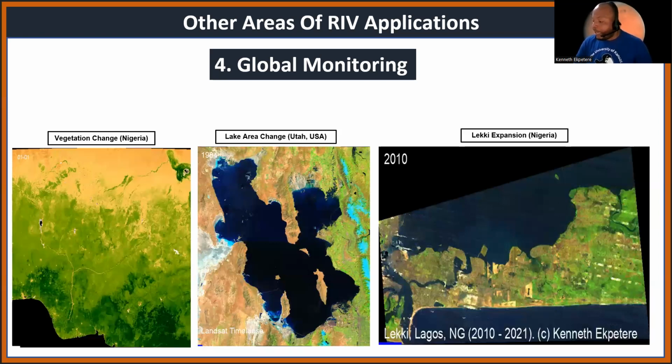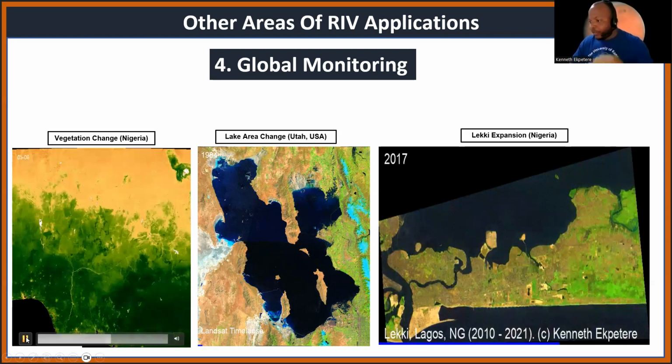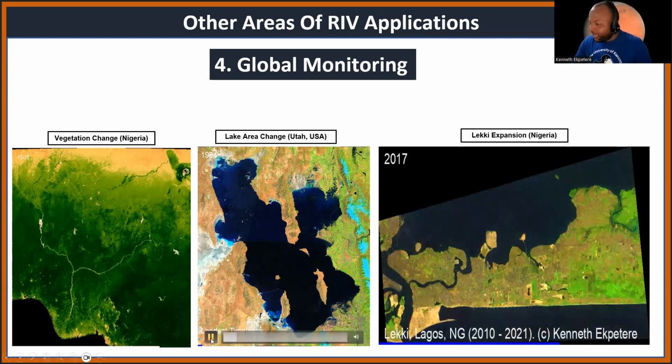We've been able to apply this rapid image application to other areas like vegetation change, right? This is the Nigerian greenery. We can see how seasonality and all that is changing if we use those MODIS data, and we can see how the greenery is changing. I've showed you this earlier.